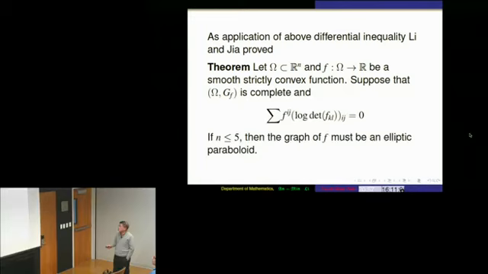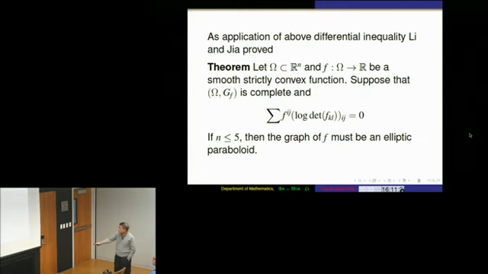As an application of the above differential inequality, Li and Jia prove the following Bernstein property. Let Omega be a domain, and f be a smooth strictly convex function.